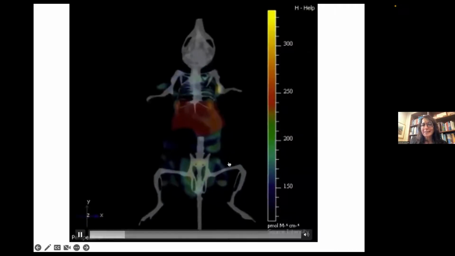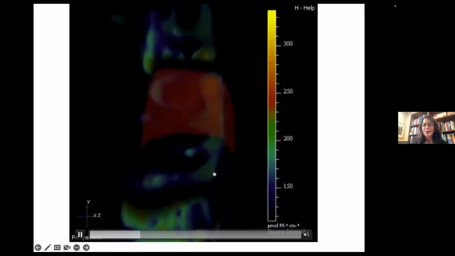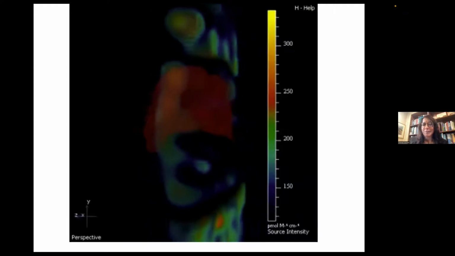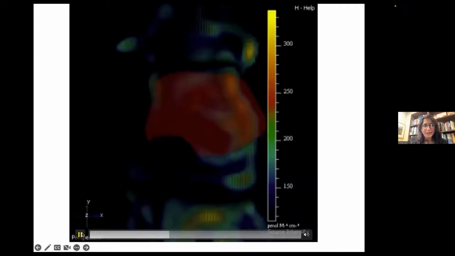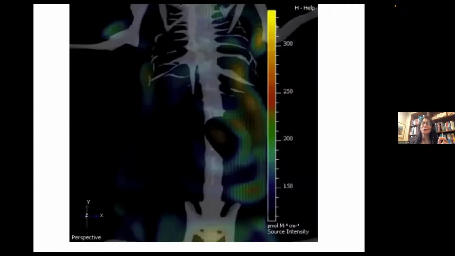What you're looking at in yellow and in blue and in green is the spherical nucleic acid as it's distributing inside the mouse. I'm going to stop it here just for a second. I wanted to remind you that what we really don't want is for our nanoparticle to be stuck completely in the liver.